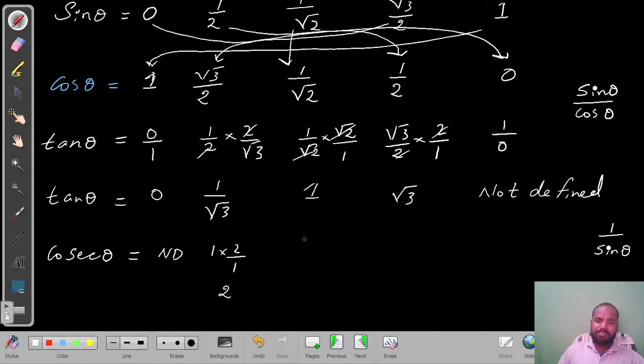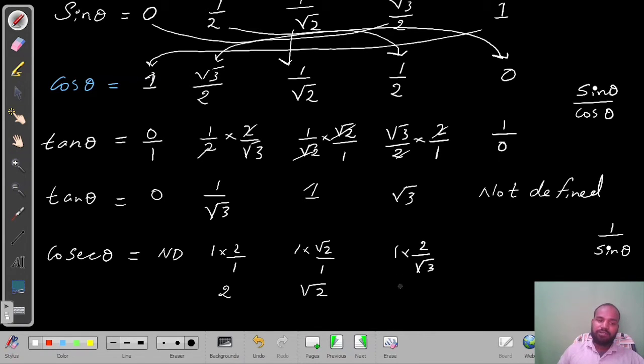Next, 1 by sine: 1 into root 2 by 1, root 2. Cosec 45 is root 2. Next, cosec 60: 1 into the reverse of sine, which is 2 by root 3.